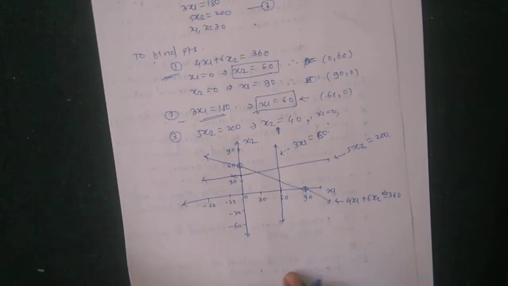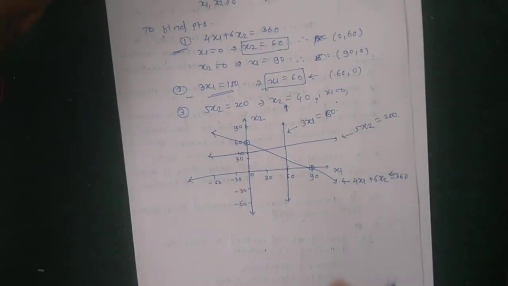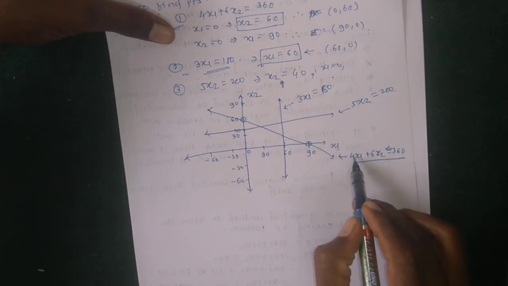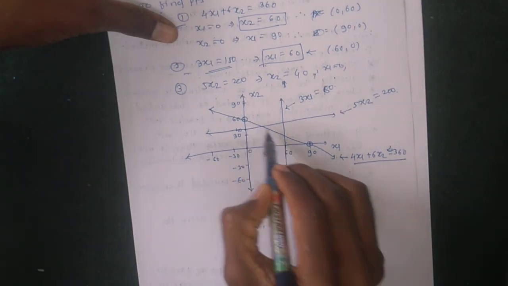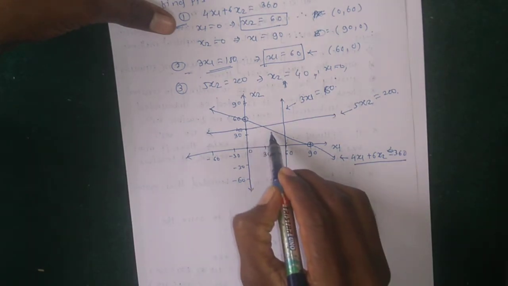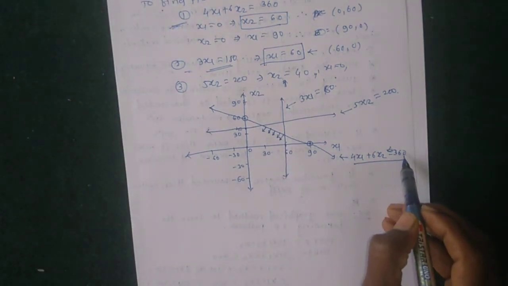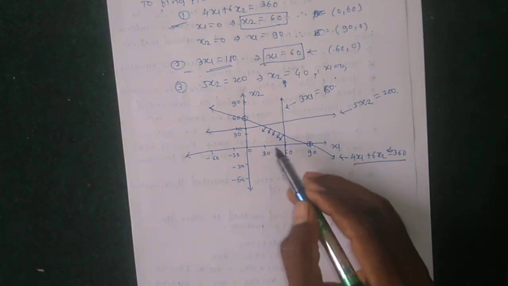Next is to justify the region according to the constraints. How do we justify the region? The constraint of this line is 4x1 plus 6x2 is less than or equal to 360, so the region must be below this line.